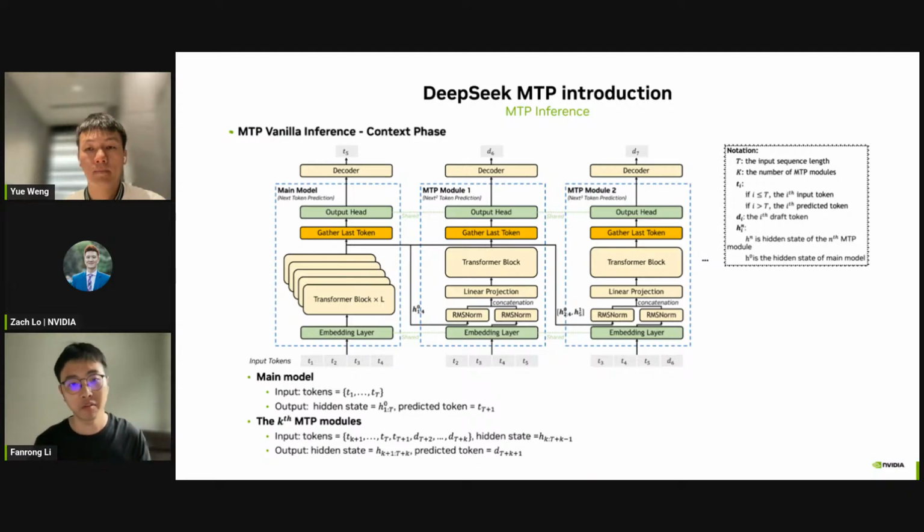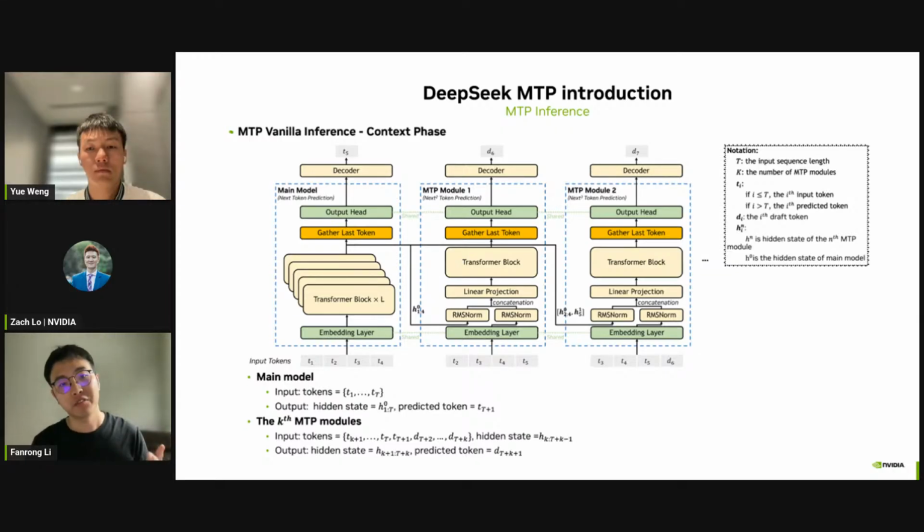And for the MTP module forward, here I mean MTP module 1, we will shift the tokens, and we will input token 2 to token 5 to the MTP module, and also their corresponding hidden states. We will input all the hidden states to this MTP module, and then use this MTP module to predict the first draft token.